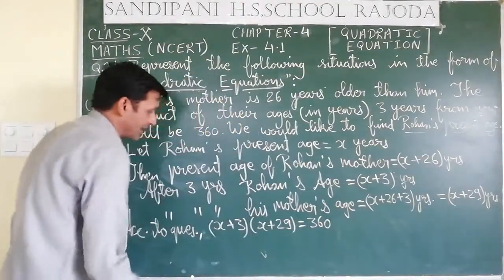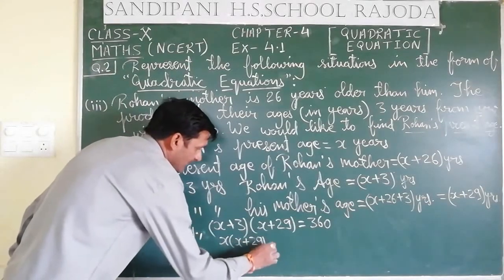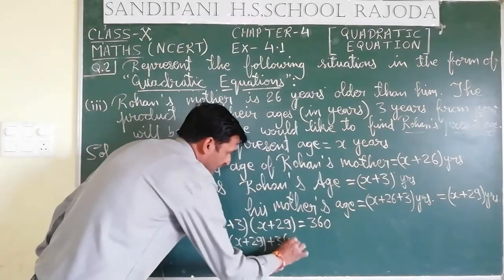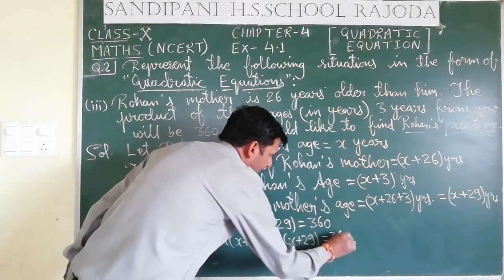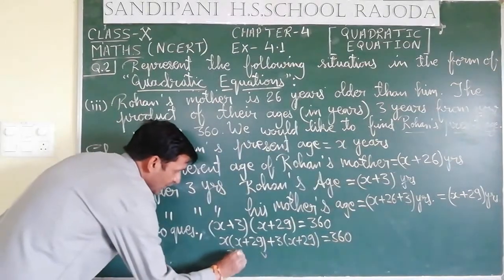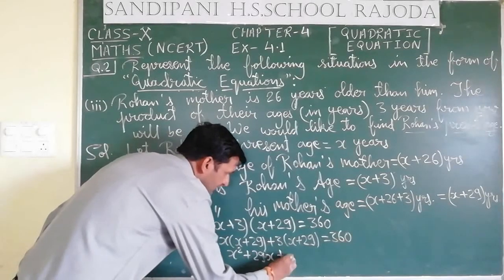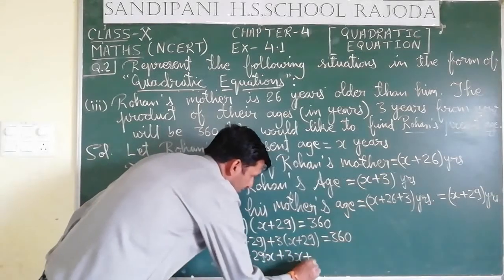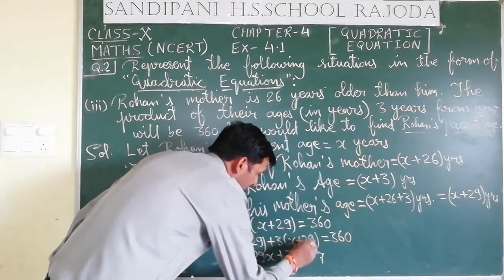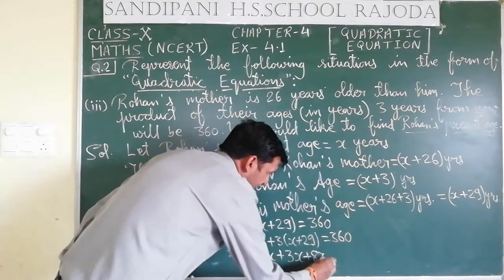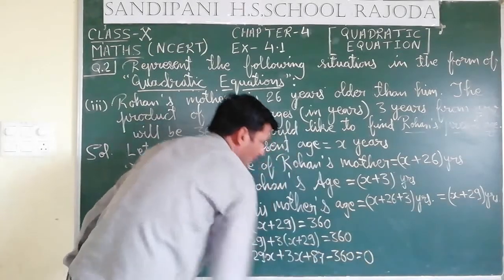So now we have to multiply it, x into x plus 29 plus 3 into x plus 29 is equal to 360. So it will be x square plus 29x plus 3x plus 87 minus 360 is equal to 0.